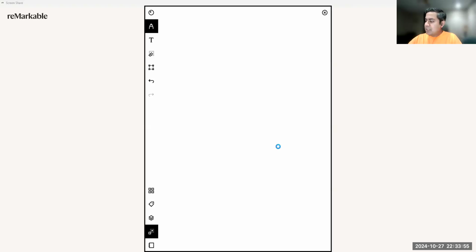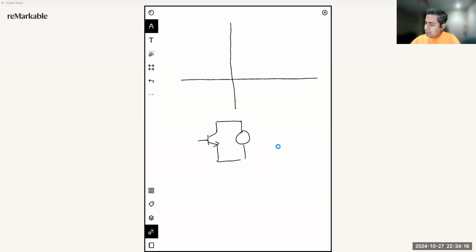So for BJT, we are going to extract the same information. We are going to apply a voltage, and then we are going to measure how the current is behaving through the device.